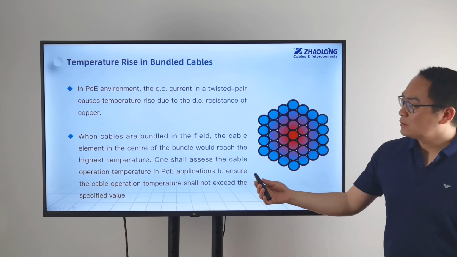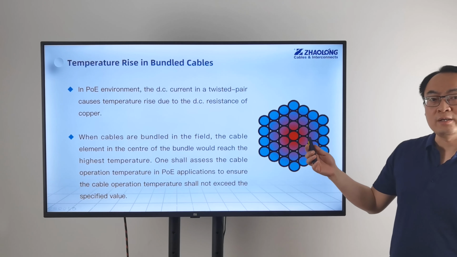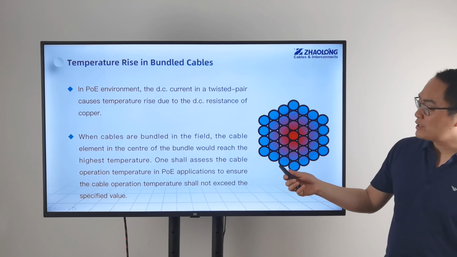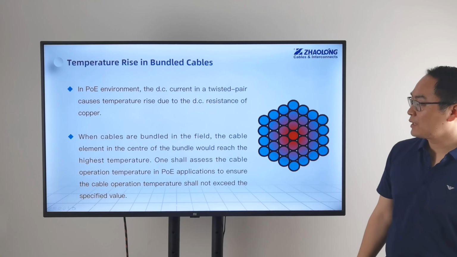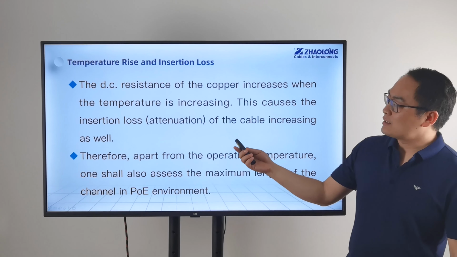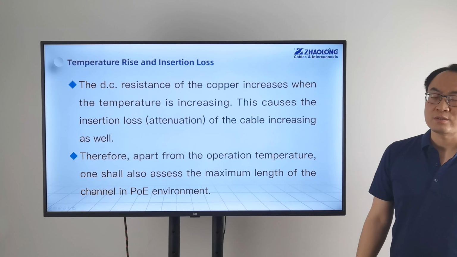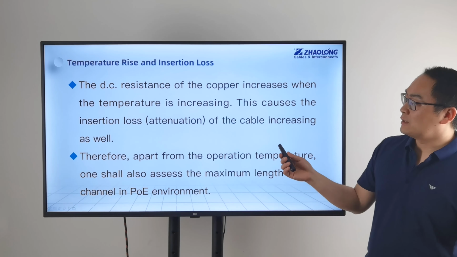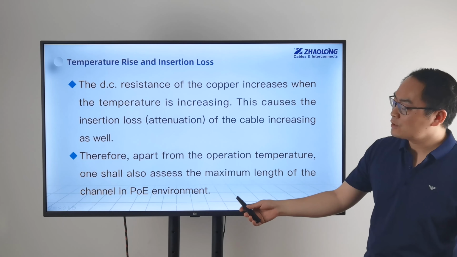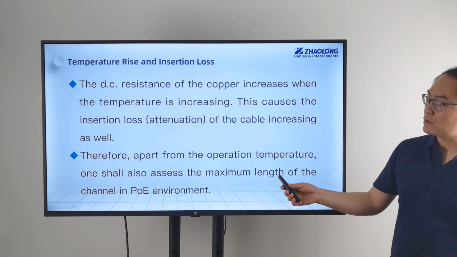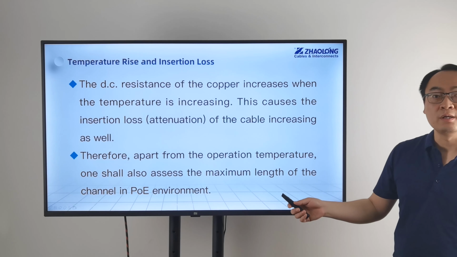Then one important thing is you have to assess the central element to make sure it's working under 60 degrees, which is the normal highest operating temperature of the data cable. The next thing is, when the temperature rises, the resistance of the copper will increase as well. Then that will affect the insertion loss of the cable. So another important thing is you have to assess the insertion loss of your link and channel to make sure they will not exceed the maximum requirement.